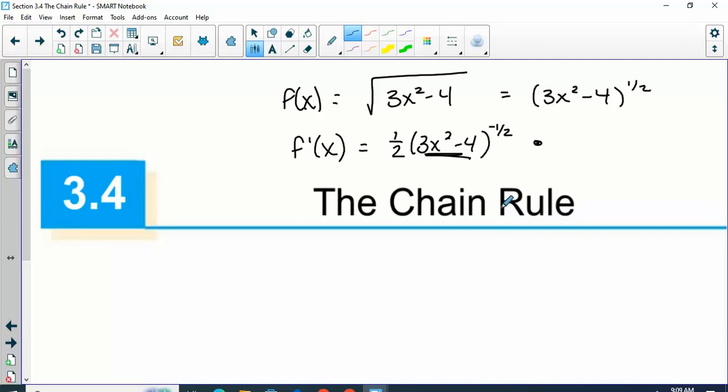What's the derivative of 3x squared minus 4? So then 1/2 times 6x gives us 3x times the rest. So we can do the derivative of functions inside other functions now. So that's what we're practicing the rest of the day today.